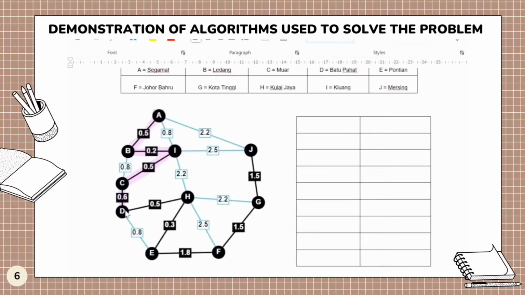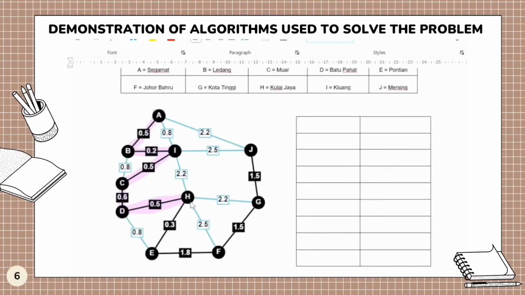Next, from D, Batu Pahat, the choice is either 0.5 or 0.8. The shortest one is 0.5, which is connected to H. So we got our next edge with weight 0.5, which is D to H.